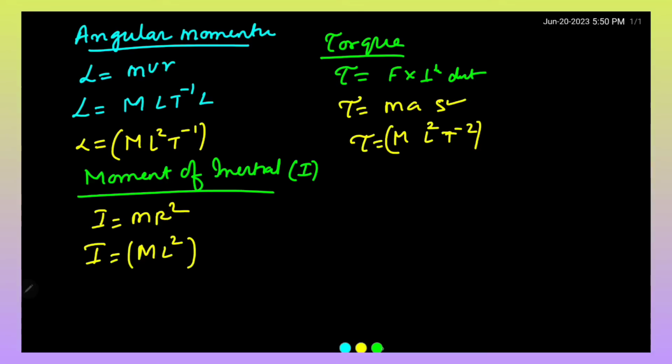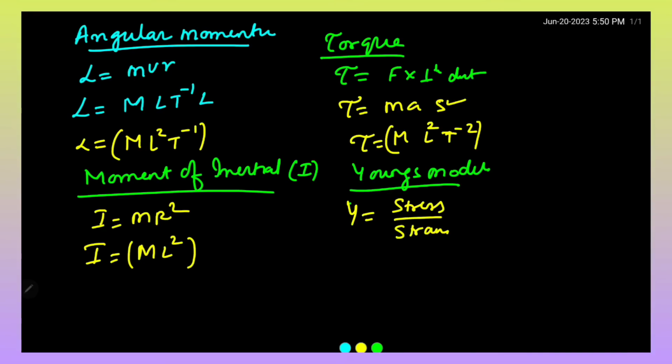Next, what is the dimensional formula for Young's modulus? Young's modulus, which is given by Y. So Young's modulus is nothing but stress by strain. Okay, you know that strain is a dimensionless quantity. You have to find out the dimensions of only what is said to be stress.